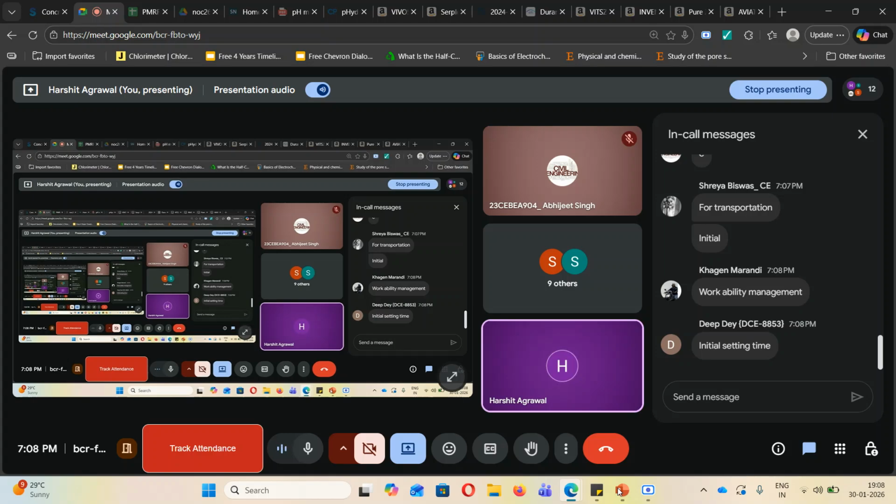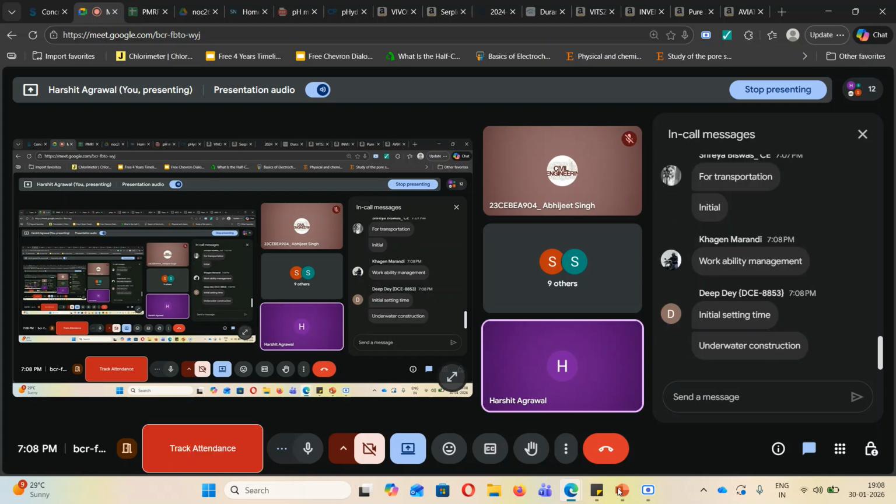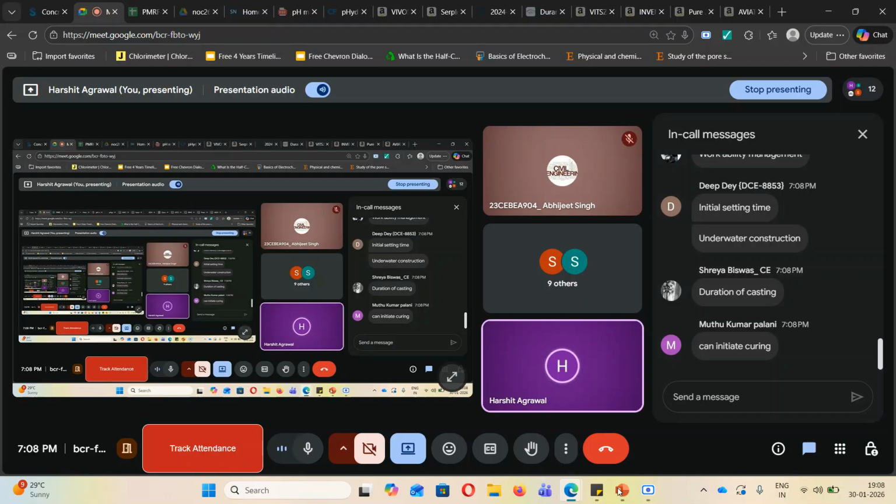On field, if I know the final setting time of concrete, how will it be helpful for me? Okay, so underwater construction for initiating curing. Curing is like, once you prepare the concrete, duration of casting. Any other point? You are close to the correct answer, but still not the perfect answer that I was looking for.